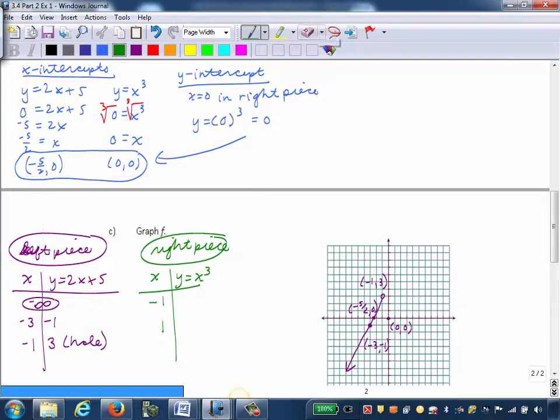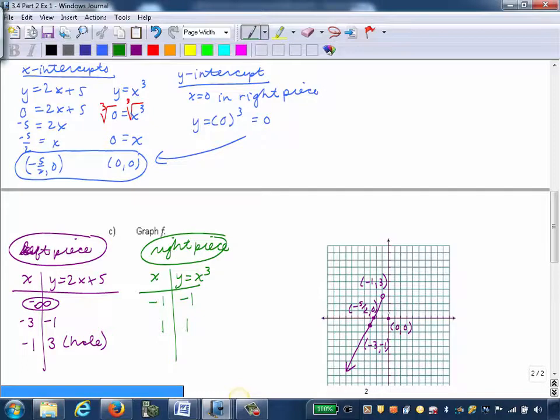If I plug in a negative 1 for x, negative 1 cubed is negative 1. If I plug in a positive 1 for x, positive 1 cubed is positive 1. So there are my left and right endpoints.